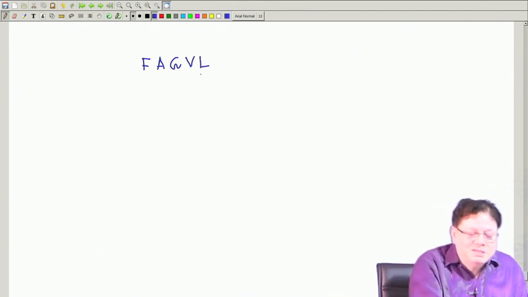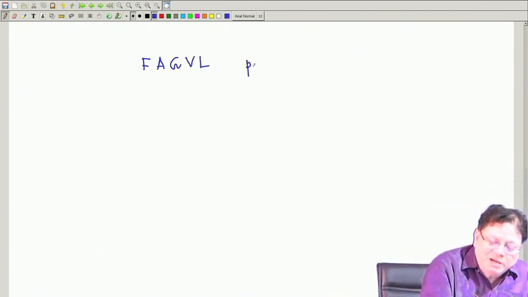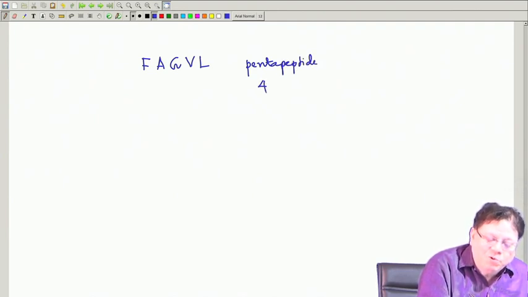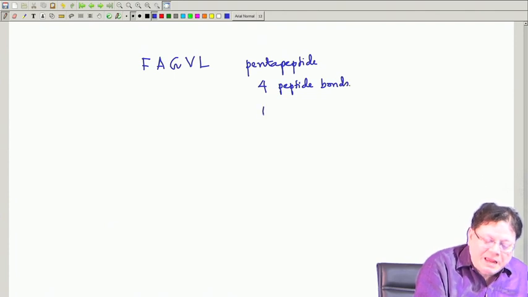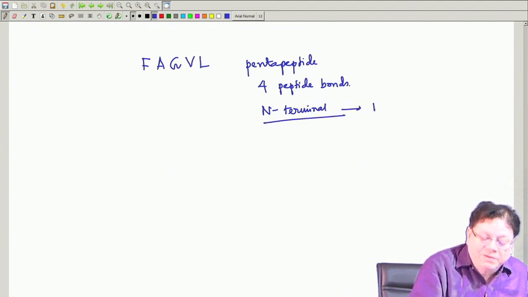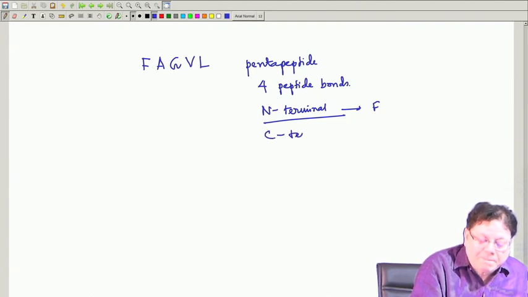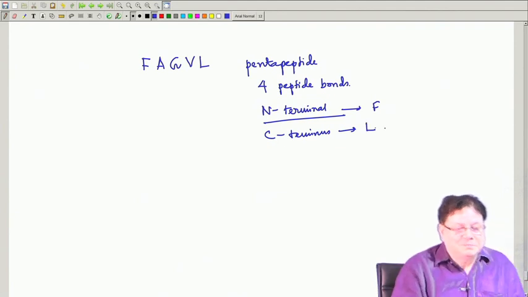So, this is a pentapeptide, that is number 1. Number 2: how many peptide bonds does it have? 4 peptide bonds. The N-terminal amino acid is F, that means phenylalanine. The C-terminus is L.